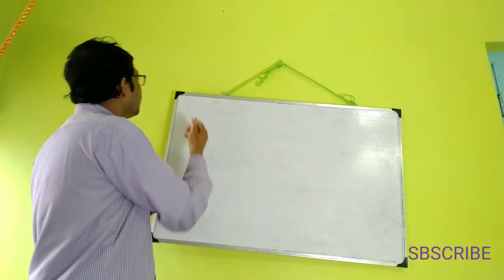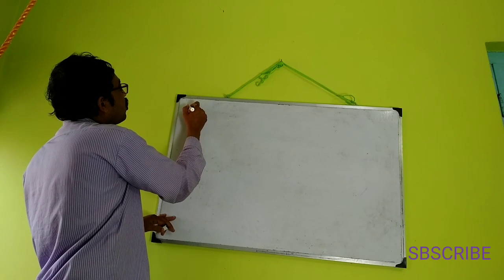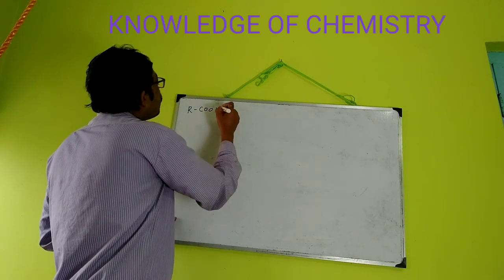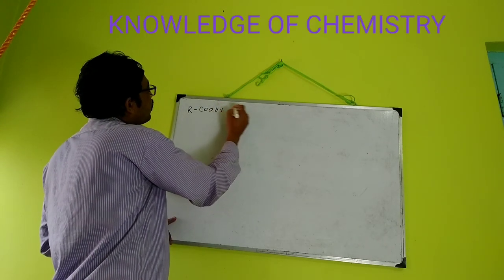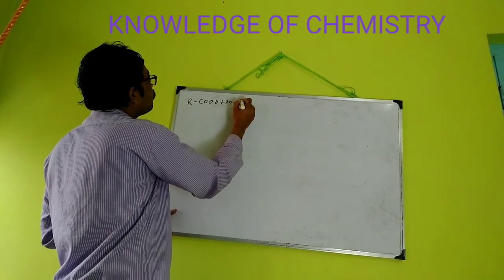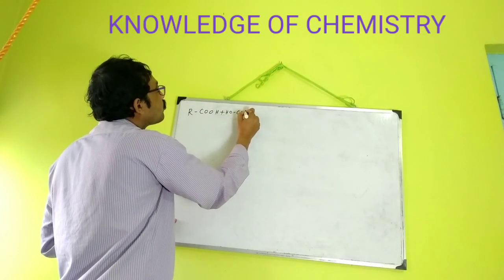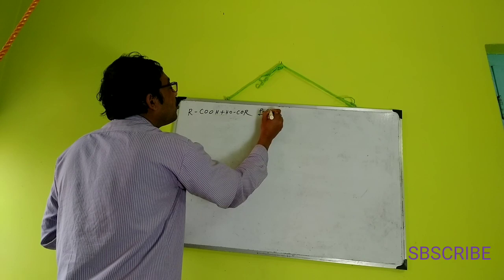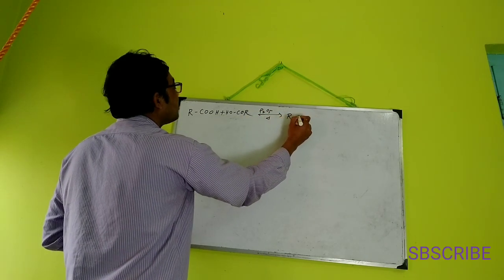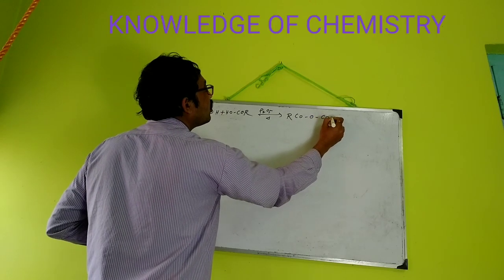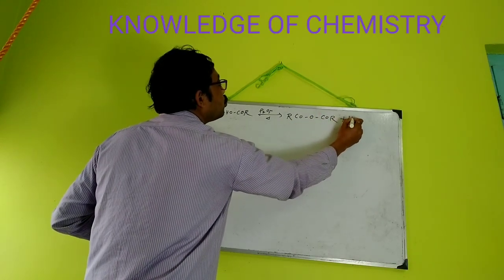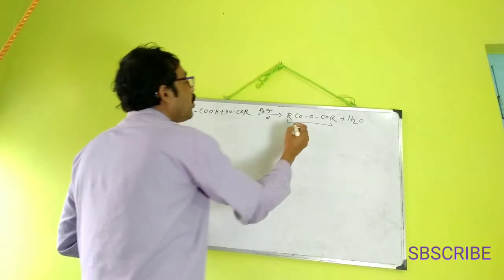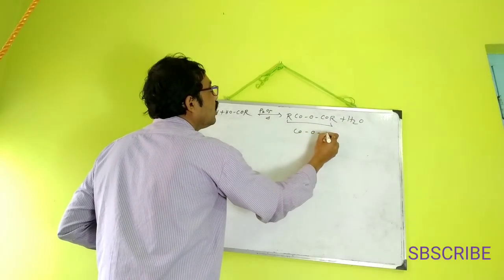When carboxylic acid is heated with phosphorus pentoxide, then anhydrides of those acids are obtained. So P2O5, heat, then RCOOCOR plus H2O. This is the anhydride. Its general formula is CO-O-CO.